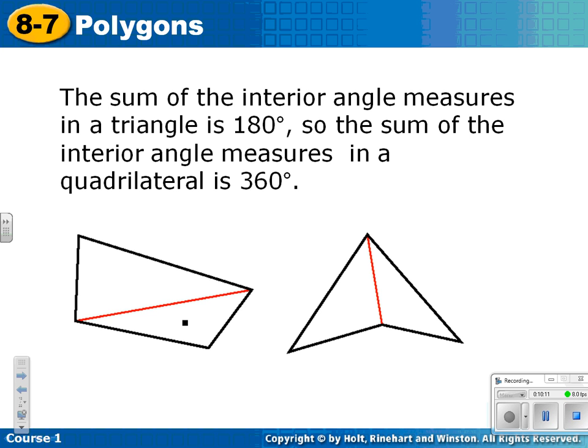So this angle plus this angle plus this angle is what? 180 degrees. So this angle plus this angle plus this angle is what? 180 degrees. So you have two triangles here. So if we add all of these together, this one plus this one plus this one plus this one plus that one plus that one, what is my total? Lacey, 360 degrees.